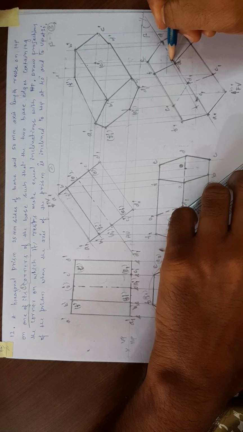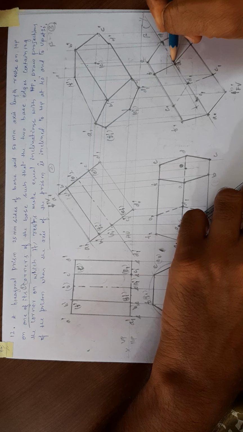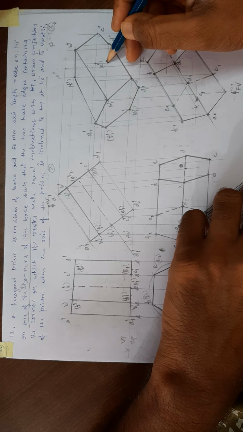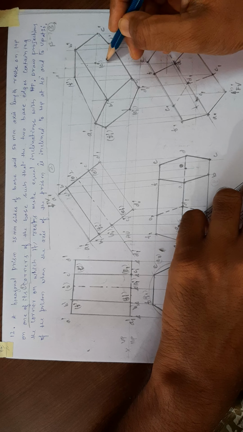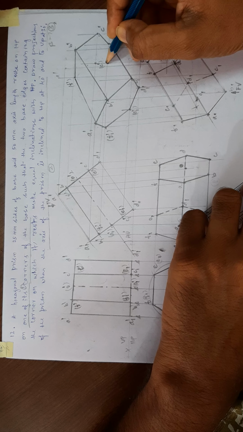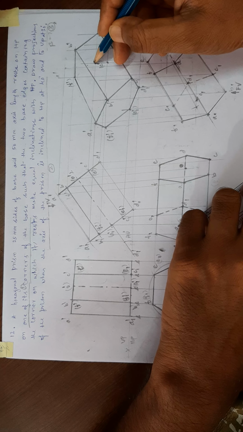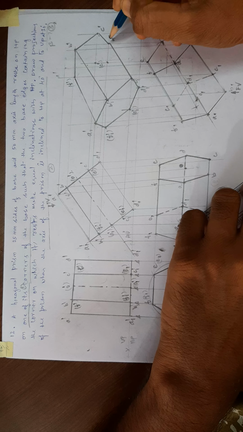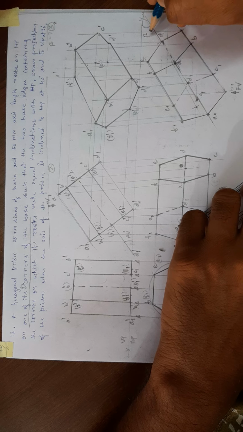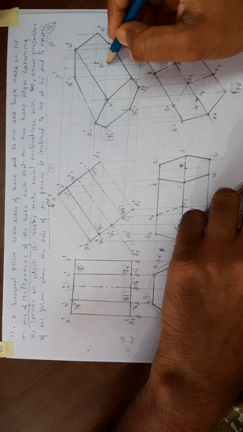Here, top view D. Here comes D. Now this is D. E comes here. This is E. This is D. Now this is D. This is A.